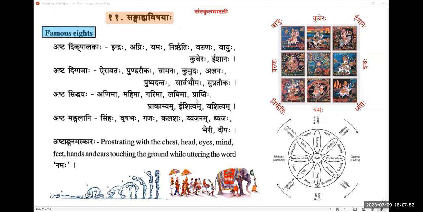Different types of, I don't know, Anima, Mahima, Garima, Laghima sound like similar compounds, but one is about probably length, another is about size, etc. And then the other things are about mastery. Praptihi, Prakamyam, Ishitvam, Vashitvam, etc. Ability to take someone else into control, lord over someone else, make someone else fall for you.